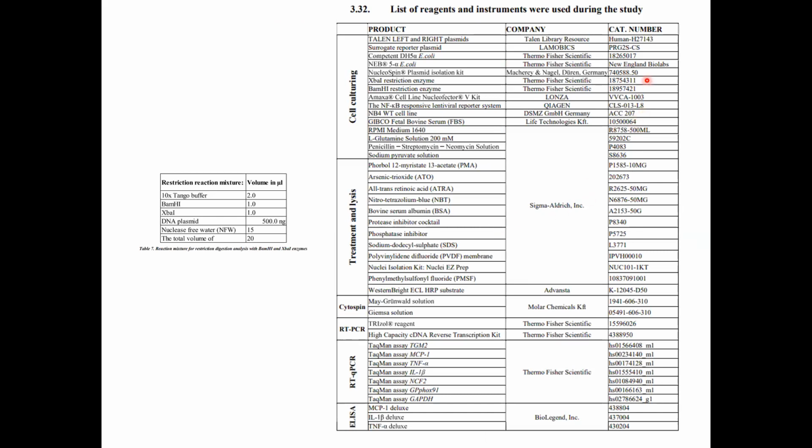Now let's talk about the tables. Tables are also something that you need to refer to, whether you made them or not. If you made it, like a reaction mixture of, for example, restriction digestion, that's totally fine. But there is one critical good part here you need to know. In the case of tables, we don't need to do a figure legend. So you don't need to explain why you add that much, why this is the composition.